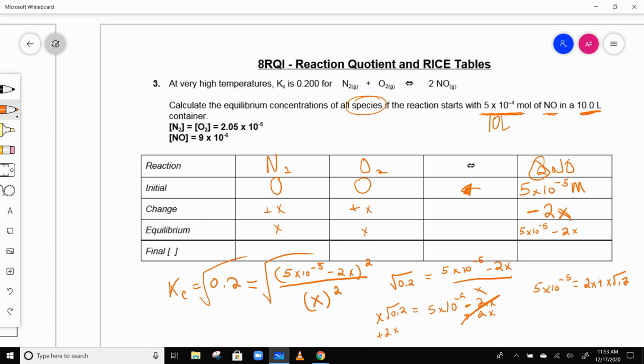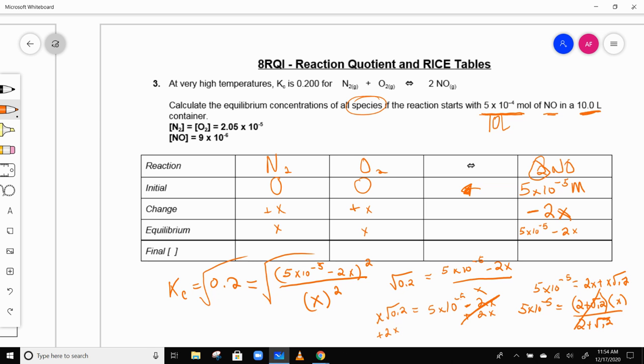Okay, and then at this point, I just do (2 plus square root of 0.2) times x. This whole quantity, I should say, equals 5 times 10 to the negative fifth. And then divide both sides by 2 plus square root of 0.2, and then x is by itself.